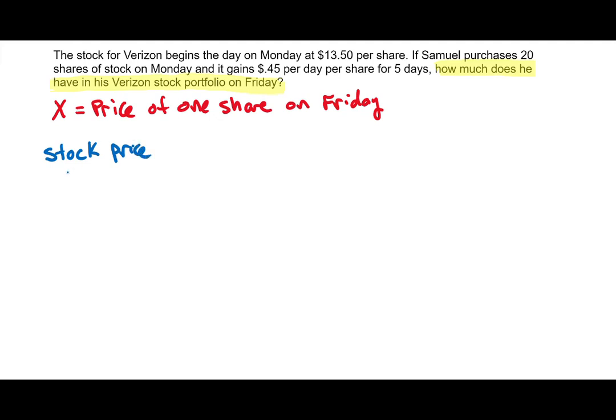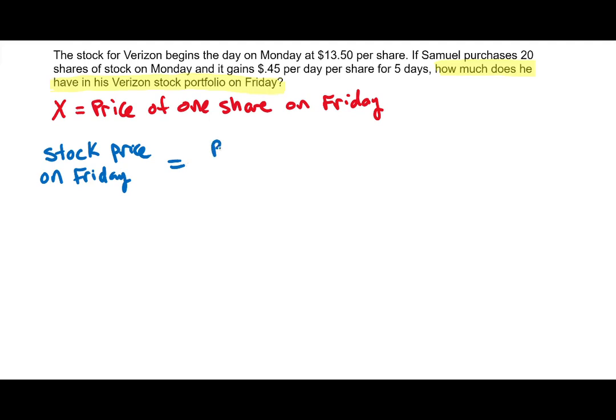Okay, so let's see, how do we figure this out? The stock price on Friday, well, that's going to be equal to the price on Monday plus the increase, however much it increased by.